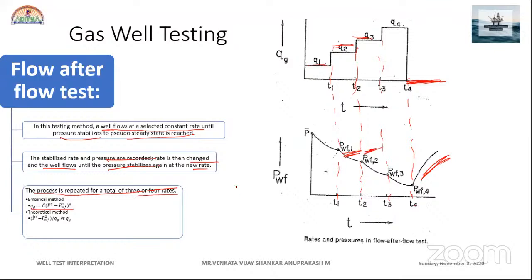Taking the logarithm on both sides, we get a log plot, from which we can get the n value and the C value. Similarly, we can also take the other graph, which is P average square minus PW square divided by QG, plotted with respect to time.